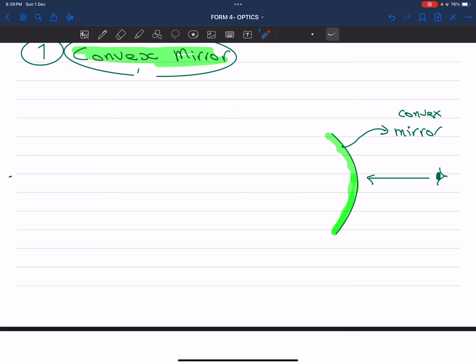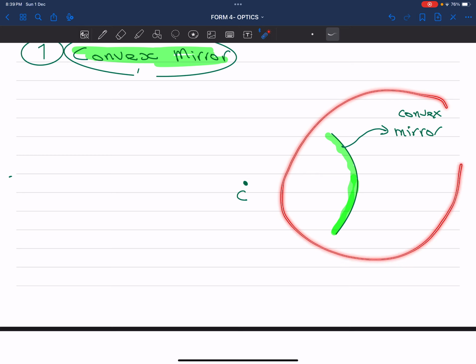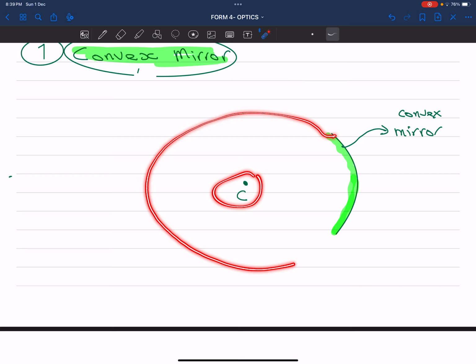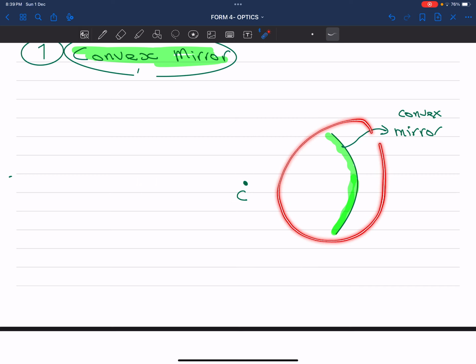So this convex mirror must have a center of curvature, which I labeled as C just now. That is a C. Okay. Let me rub off the eyes. Keep in mind, the center of curvature is the center of the sphere from where we made the mirror.